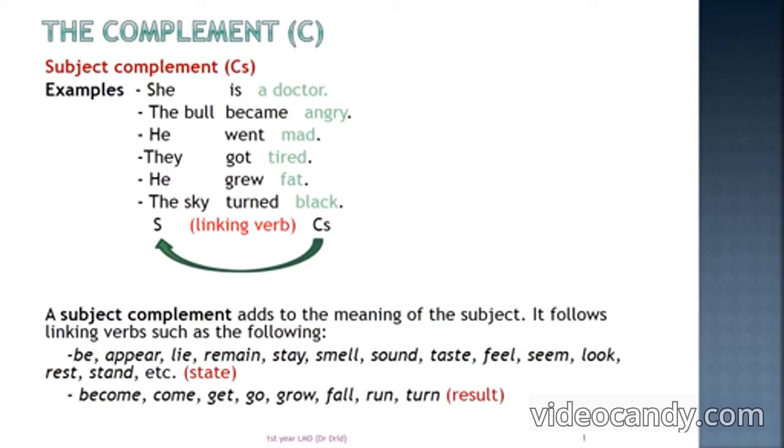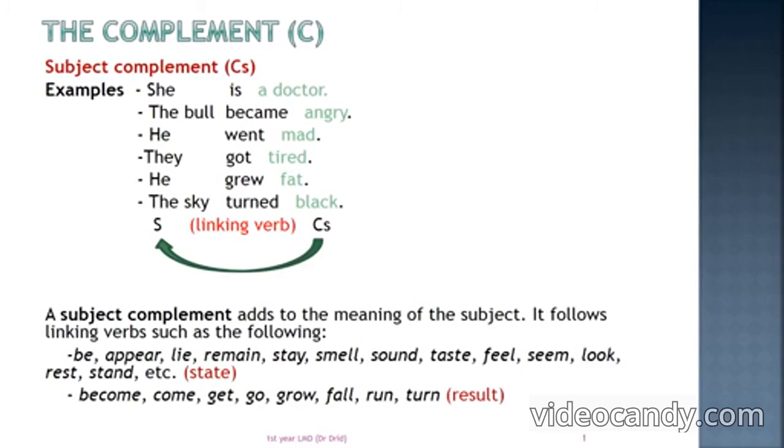The bull became angry. Angry is related to the bull. He went mad. Mad is related to he, or it describes he. It completes the meaning of he. The same thing is found in the rest of the sentences.